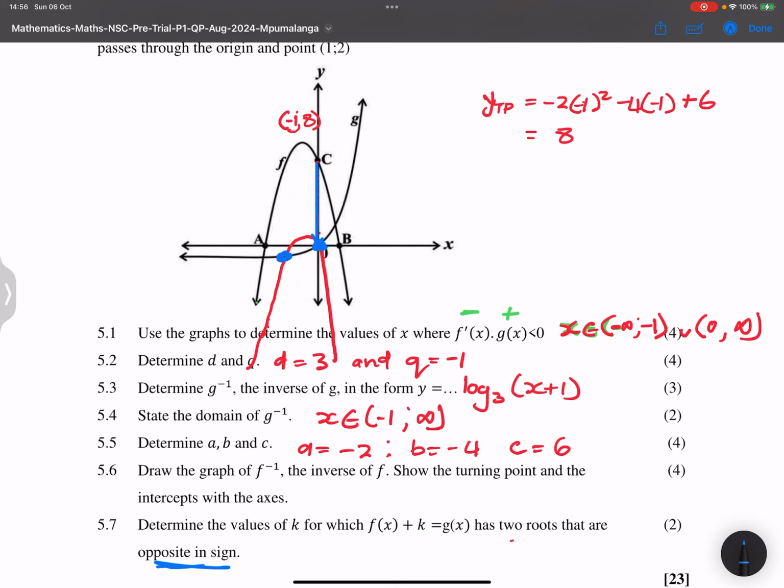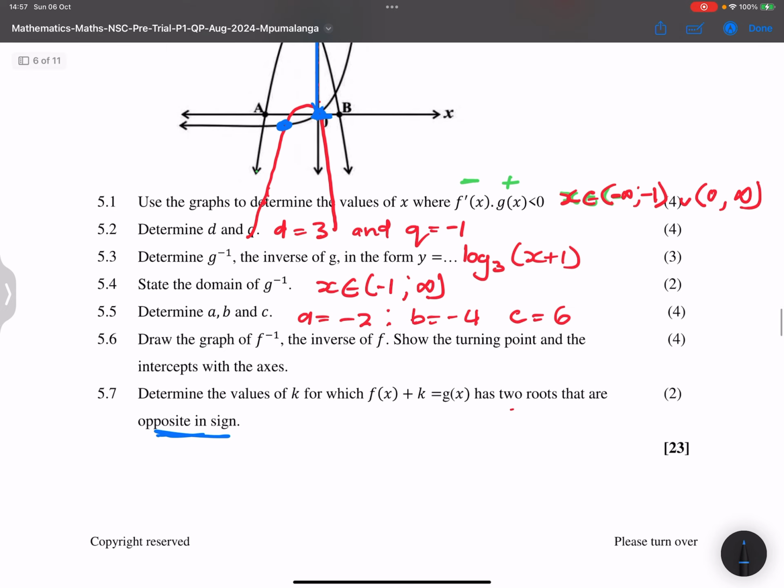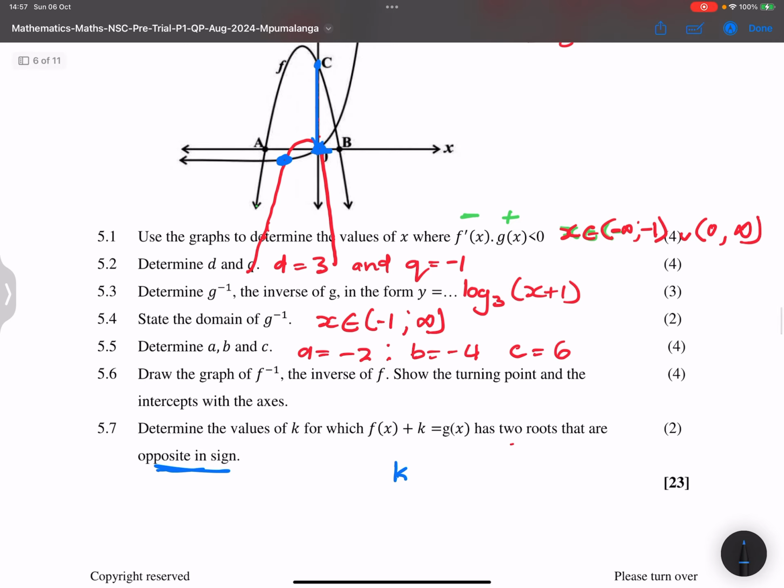So which means that k must be any value that is less than 0, but we must not take it down by 6 units. So we're going to say k is an element of, so we can take any value going down.